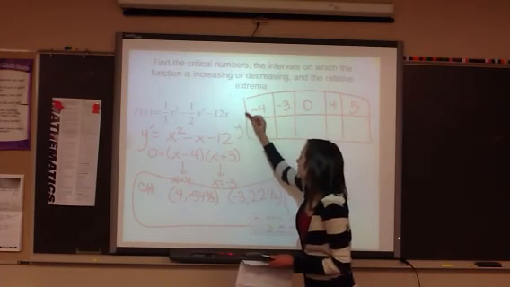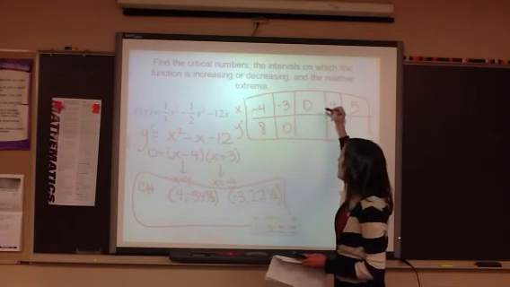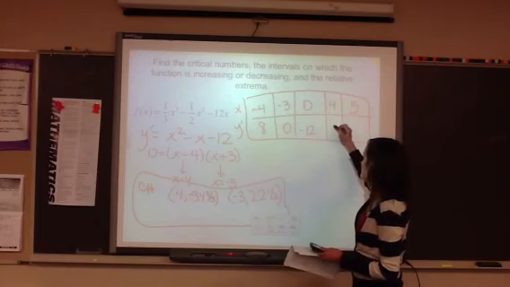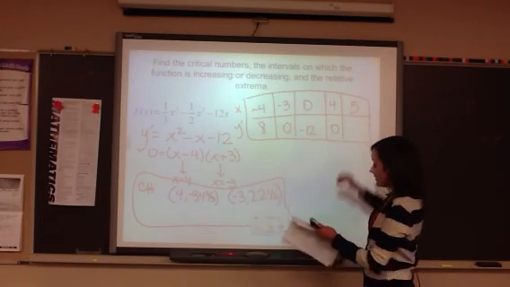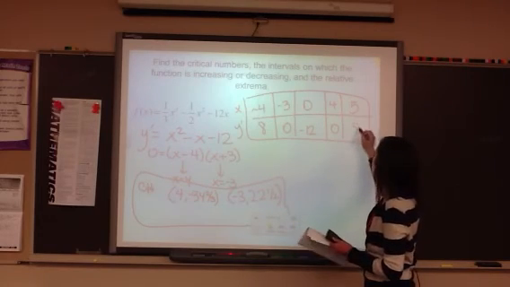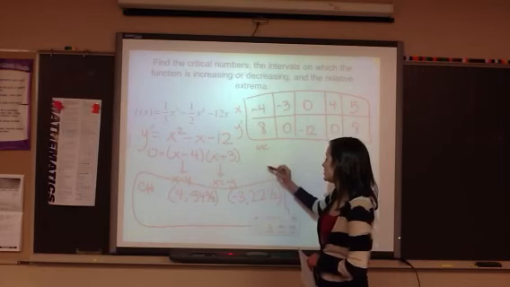If I plug in negative 3, excuse me, I get 0. If I plug in 0, I get negative 12. And 5 is 8. So 8 is positive, so that means our slope is increasing.